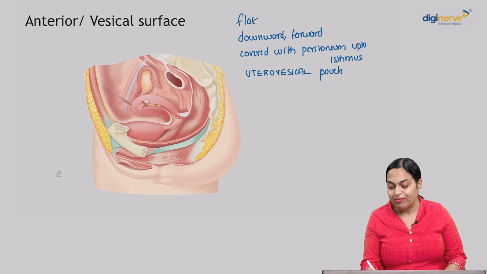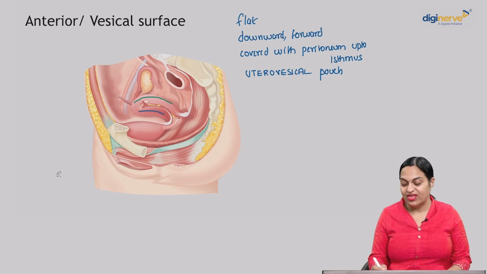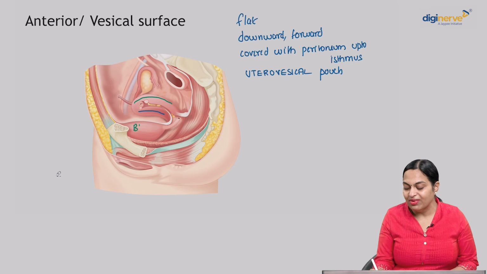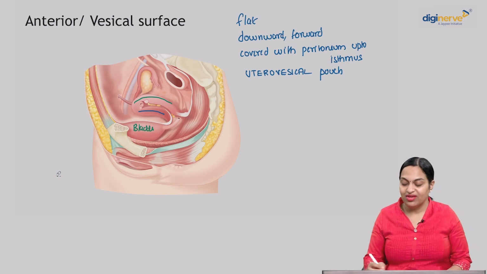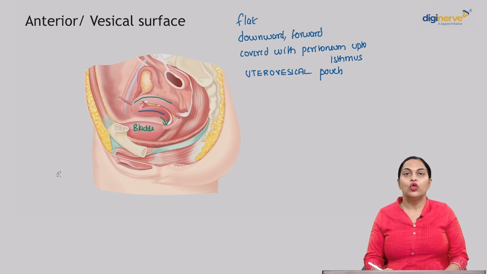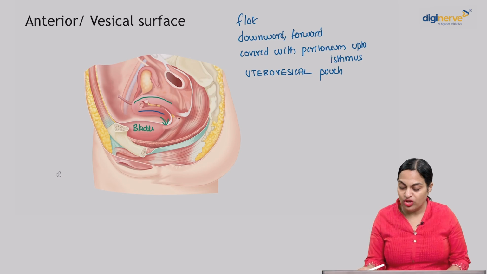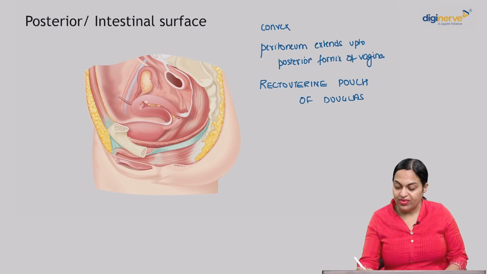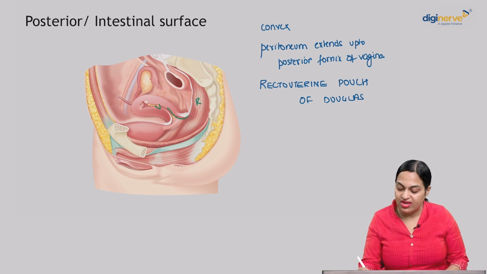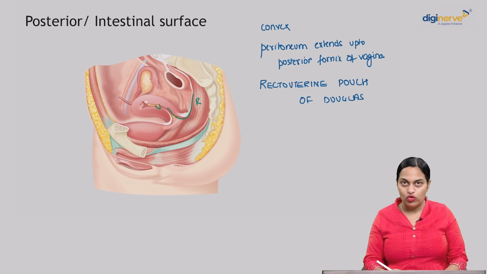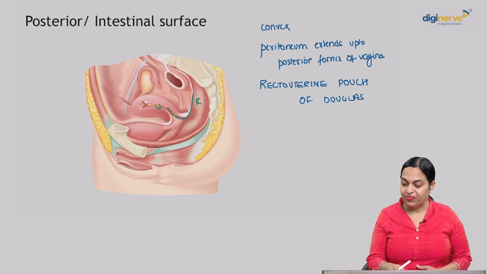The uterus presents an anterior surface and a posterior surface. Anteriorly, this is the bladder, right? It is separated from the bladder by the uterovesical pouch. And posteriorly, we can see the rectum, this is the uterus, this is the recto-uterine pouch, the pouch of Douglas. We have seen it in detail in peritoneal cavity.